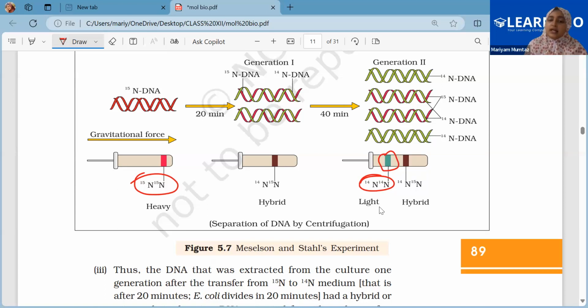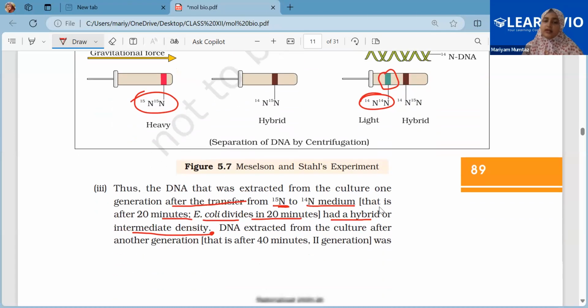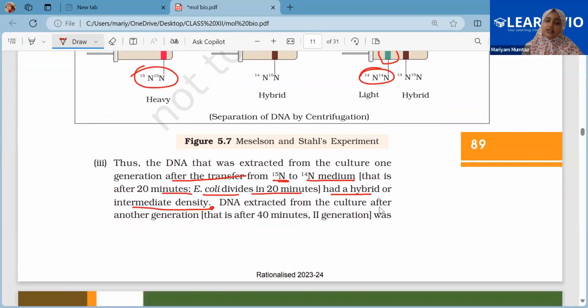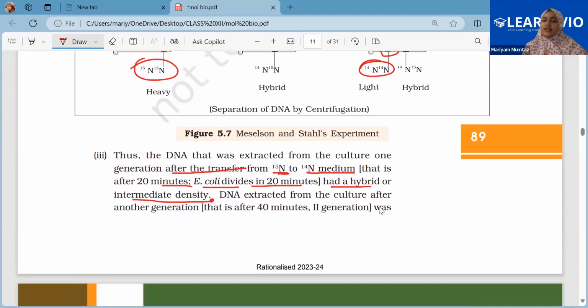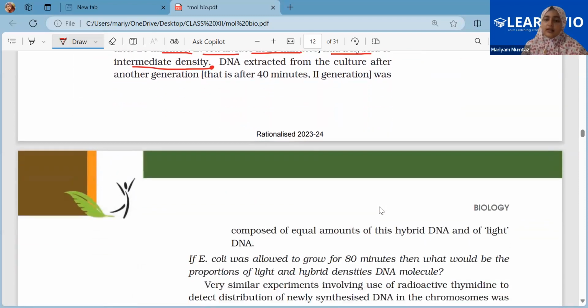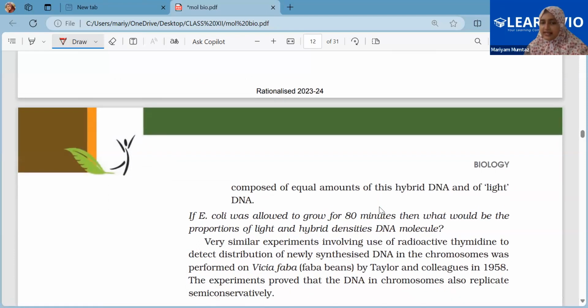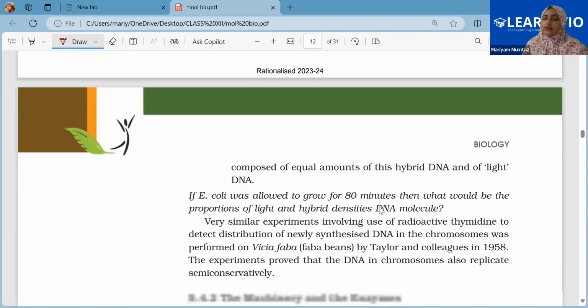Their weight was in the middle. Thus, the DNA extracted from culture one generation after the transfer from N15 to N14 medium, that is after 20 minutes, E. coli divides every 20 minutes, has a hybrid or intermediate density, the density in the middle. The DNA extracted from the culture after another generation, that is 40 minutes or the second generation, was composed of equal amounts of this hybrid DNA and light DNA.